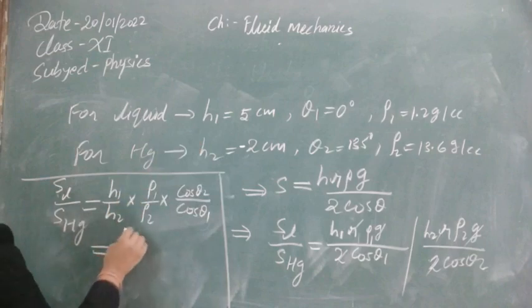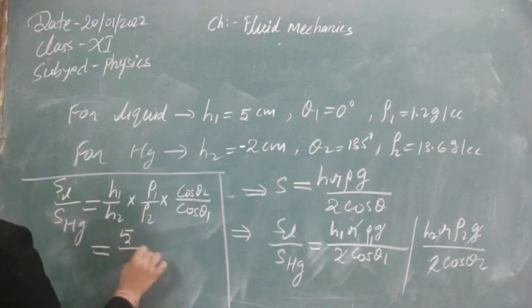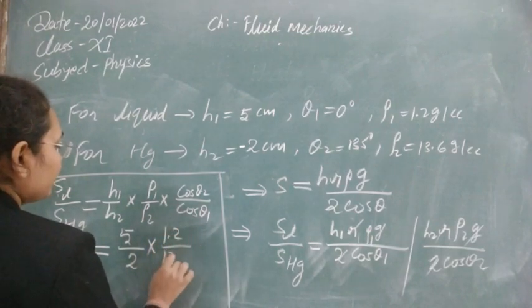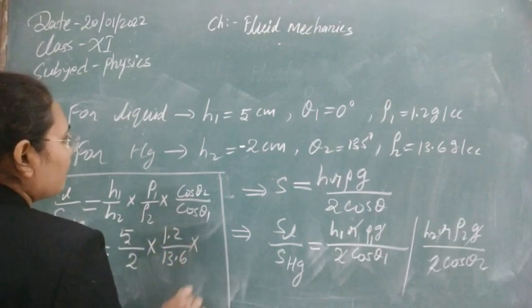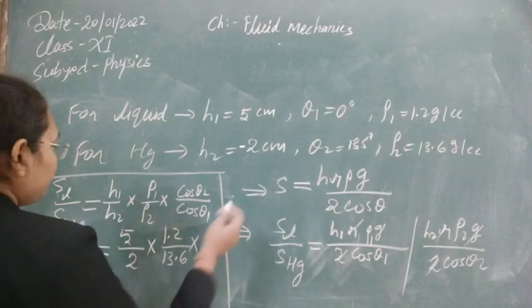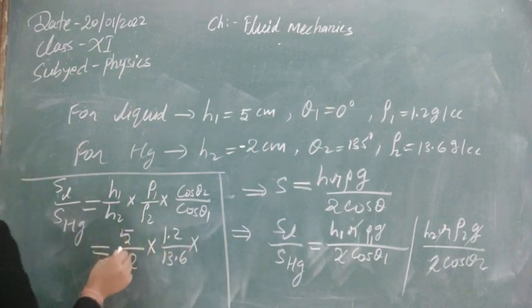h1 upon h2, if we do, that is 5 by 2 from here. Rho 1 upon rho 2, that is 1.2 upon 13.6. Now cos theta 2, that is cos 135, and cos theta 1, that is cos 0. So cos 135 has value minus 1 by root 2. So one minus sign we will get here, and with the other sign that will be plus.